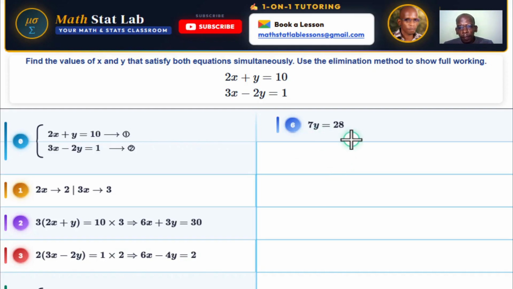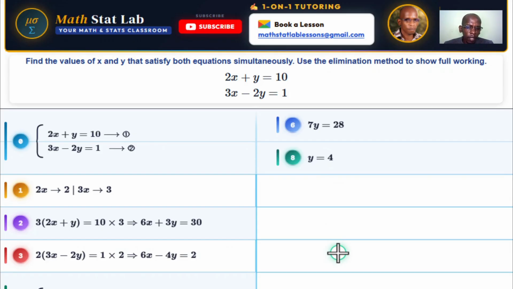So now 7y is equals to 28. But you see, we only want y. We don't need 7y. So I need to divide by 7 on both sides. So it becomes 7y divided by 7, which is y, is equals to 28 divided by 7, which is 4. So we have got the value of y is 4.